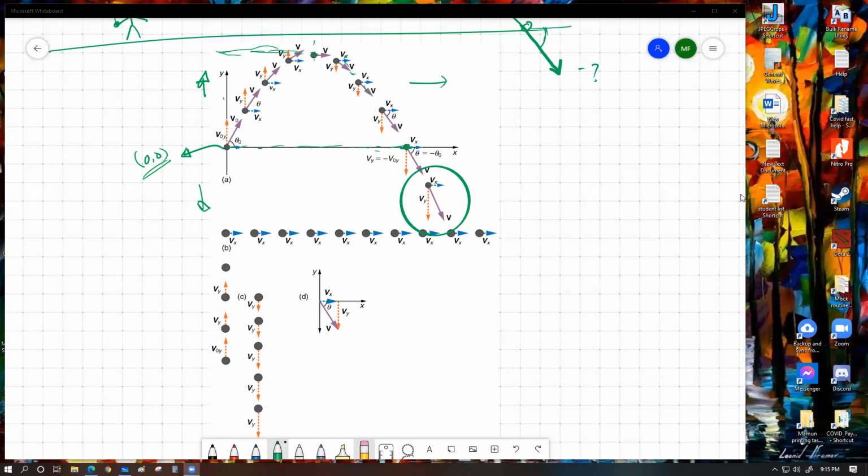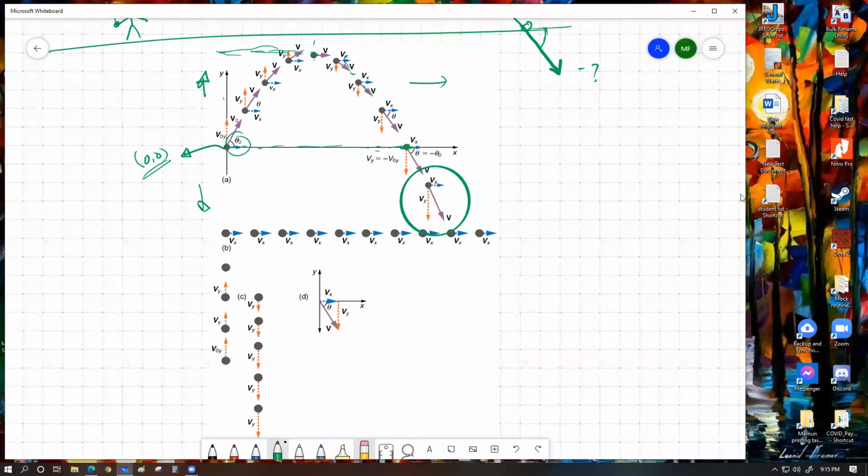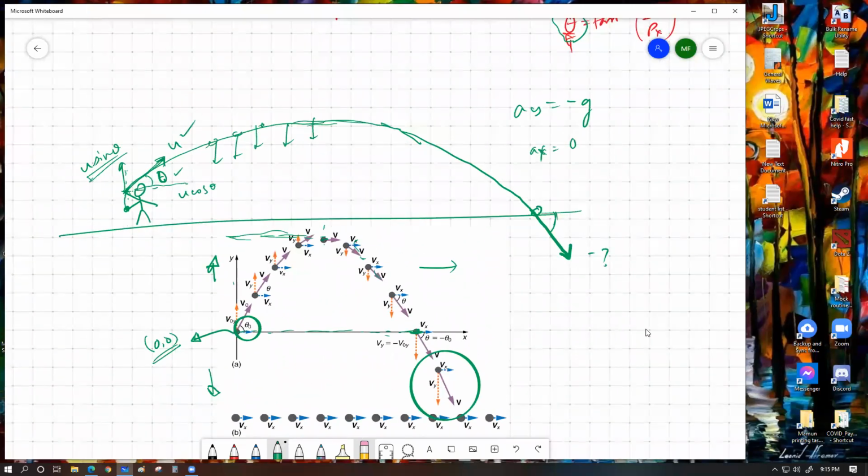For example, if we actually throw an object vertically upwards, in that case, that theta would become 90 degrees. So if I just show it for this figure, let's say your theta becomes 90 degrees, what happens to u cos theta? Whatever the value of u is, u cos 90 basically gives you 0, right? So this would mean that there is no horizontal velocity involved.